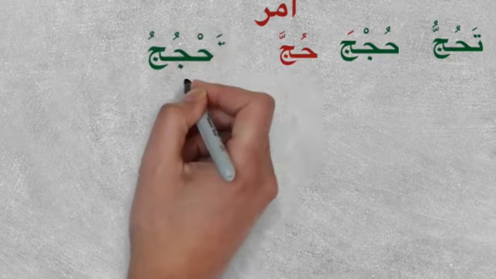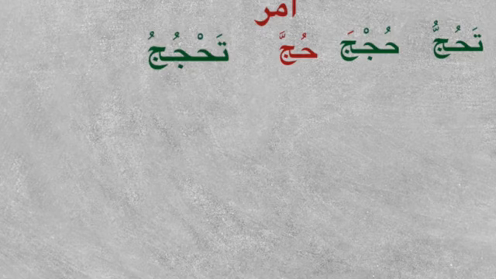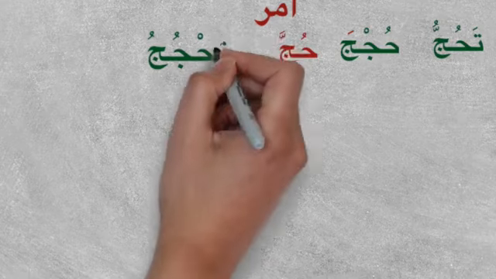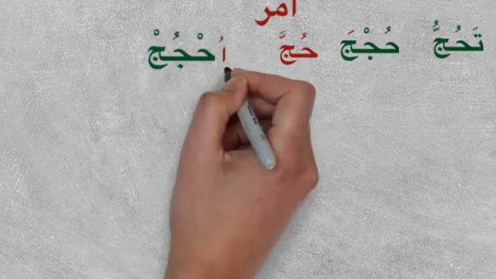So what is another way? Another way is going back to the original form, which is bab nasara yansuru. It is tahjuju. Then it's quite straightforward because we have to take away the alamat mudari', take the damma away and turn it into a sukoon. So now we cannot pronounce it, so we bring hamzatul wasl.